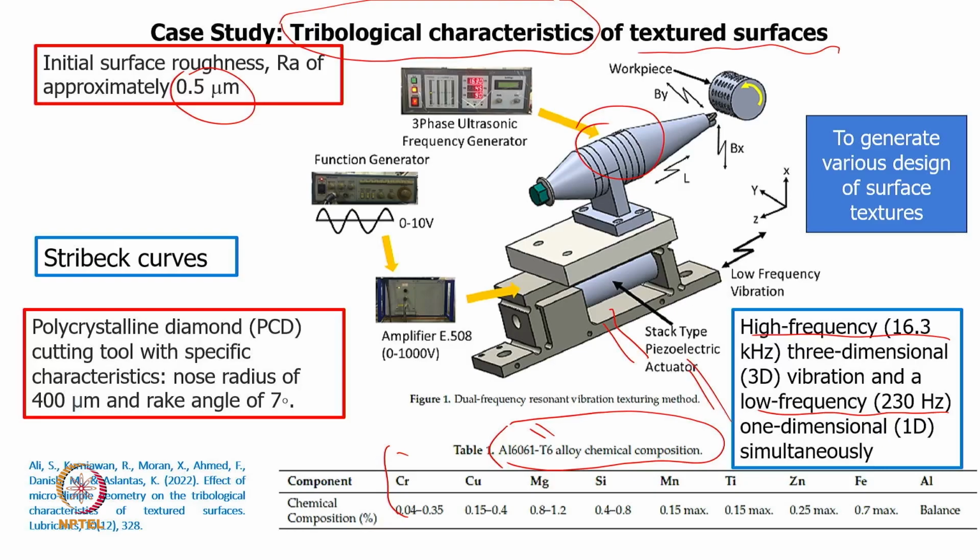So, this case study, which has been picked from literature published in 2022, tries to show that even aluminum alloy in a worse situation can give a good surface and good performance if its texture is made in a proper way. Just by texture change, with the material remaining the same, we can improve wear performance, friction performance, or overall tribological performance.